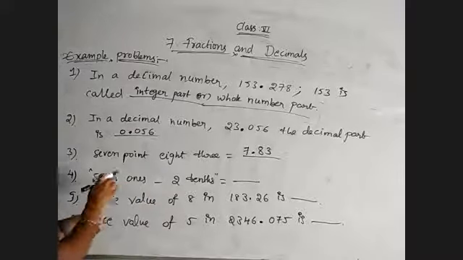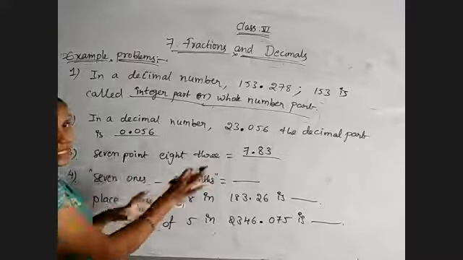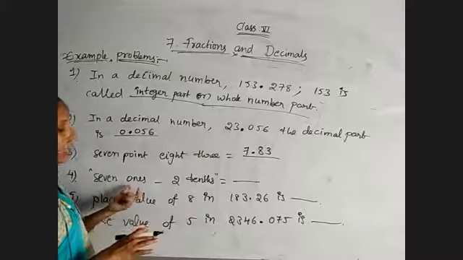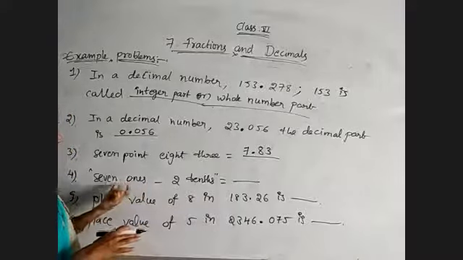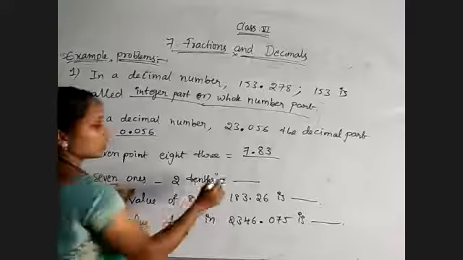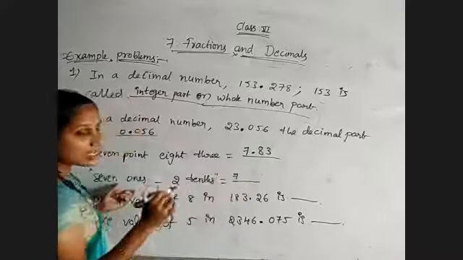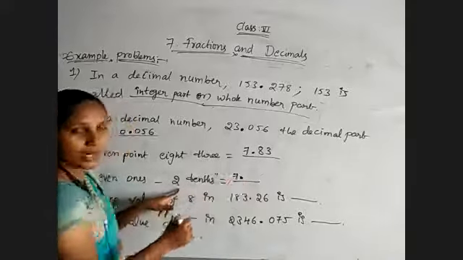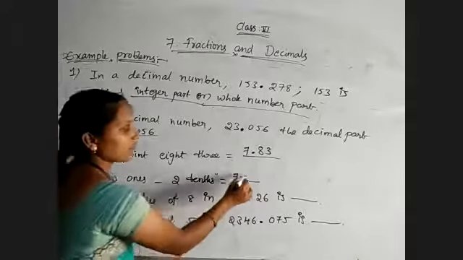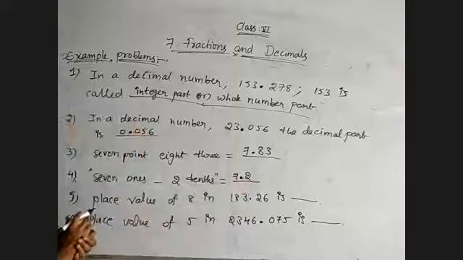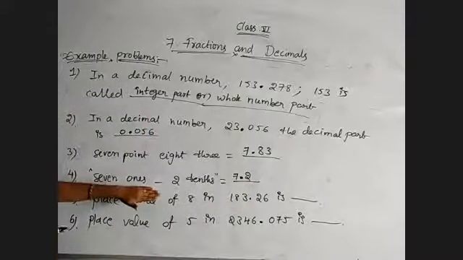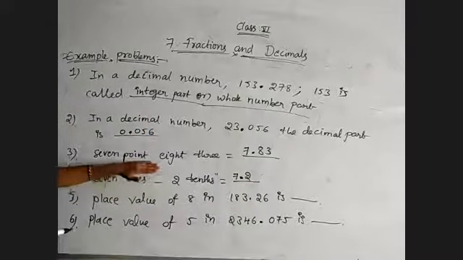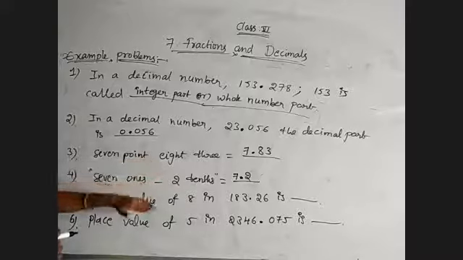See, just observe here, 7.83 is given as a number as it is, but here they are given by using place values. 7 ones, that means 7 is in ones place, 2 tenths. So between them the point is compulsory because tenths are given. So 7.2. Remember, this is given by place values and this is given in words. That is the only difference between them.